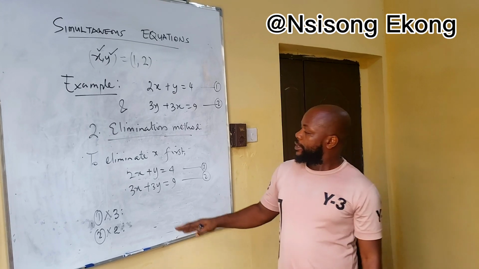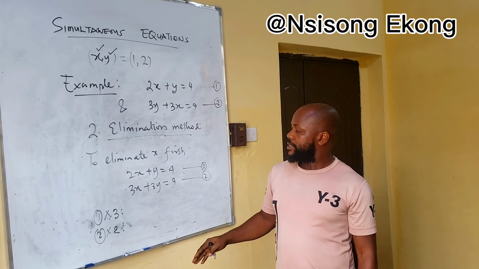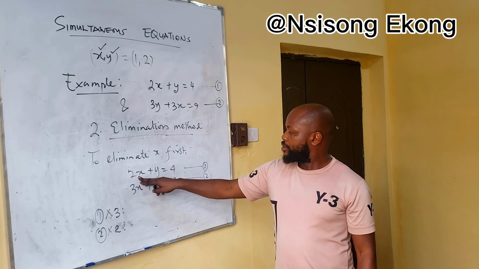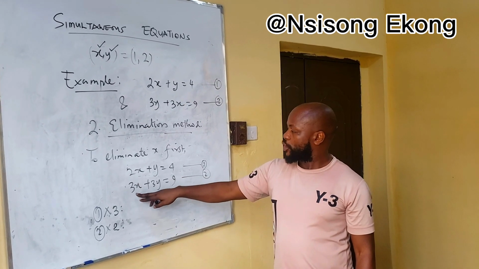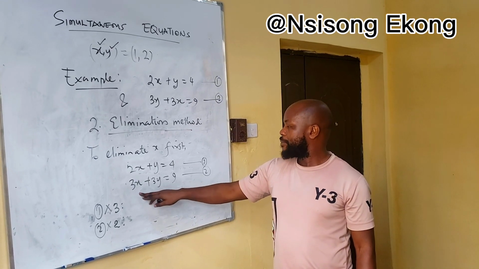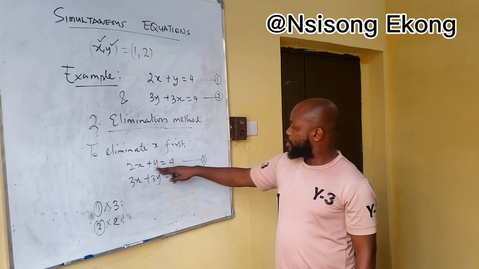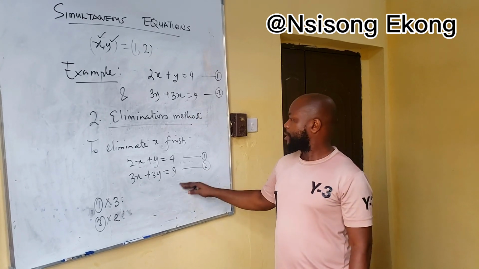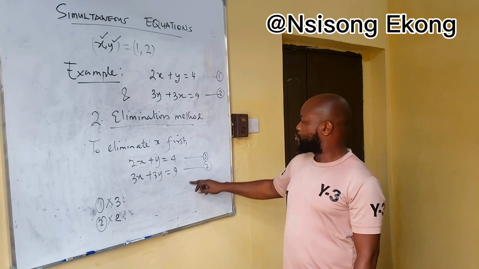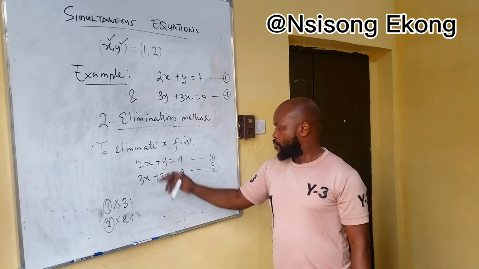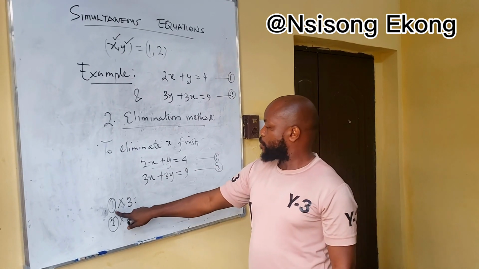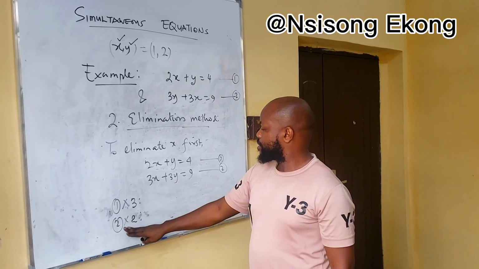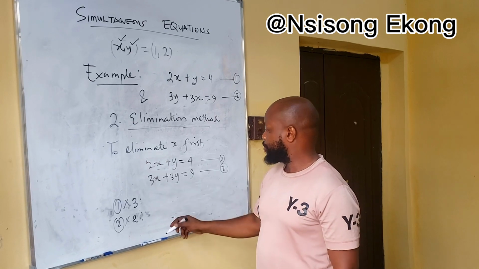Because the only way we'll be able to make the coefficient of x in equation 1 the same as the coefficient of x in equation 2 is by multiplying the entire equation 1 by the coefficient of x in equation 2 and multiplying the entire equation 2 by the coefficient of x in equation 1. So that's what we have: equation 1 times 3, which is the coefficient of x in equation 2, and equation 2 times 2, which is the coefficient of x in equation 1.